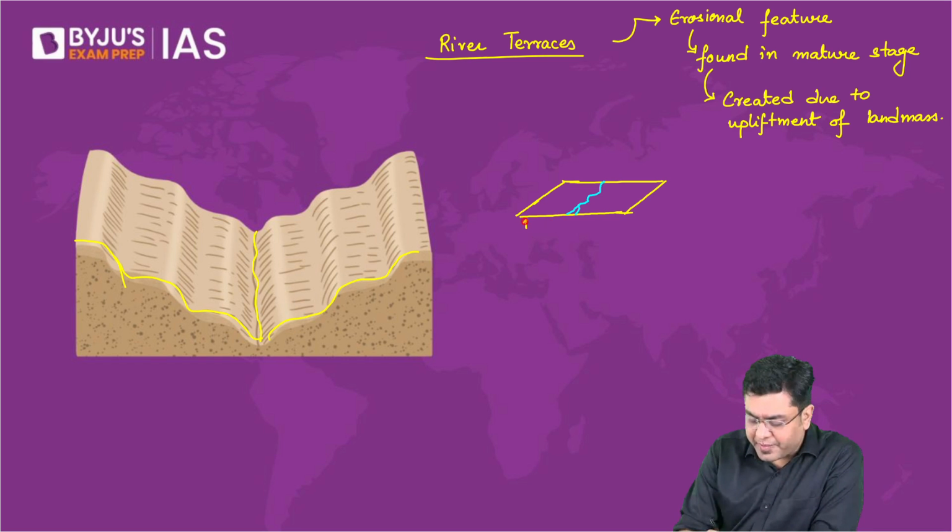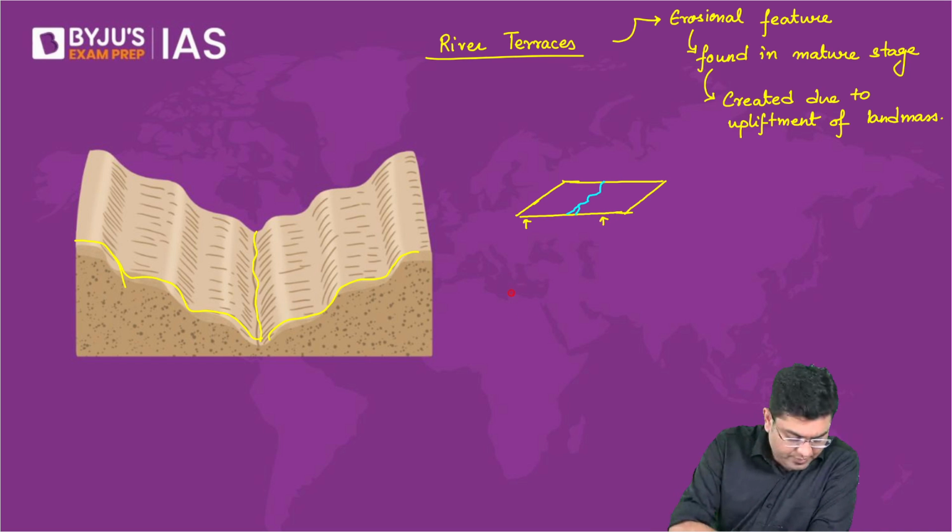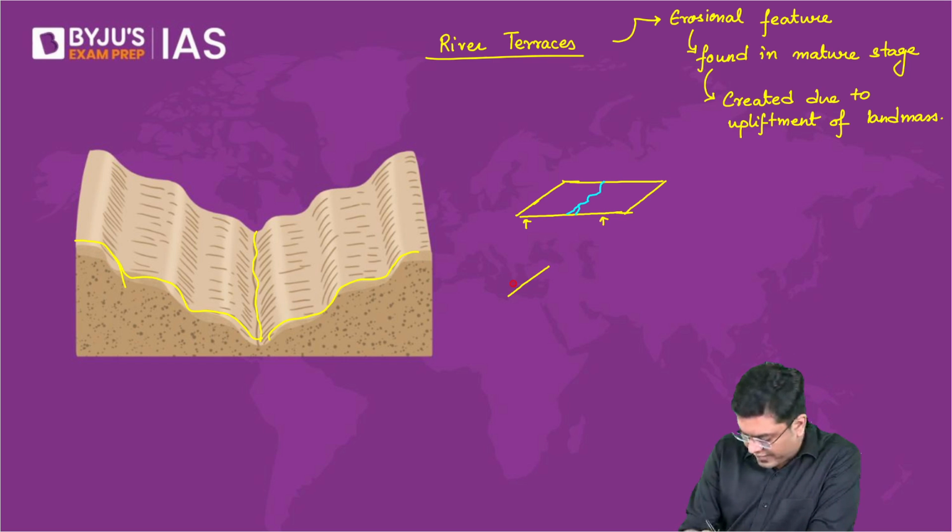So here what you will observe is that, let's suppose there is an upliftment happening. So after some time, you will observe the existence or creation of a landmass which has been uplifted. Whereas the riverbed, the river will continue to move where it is.